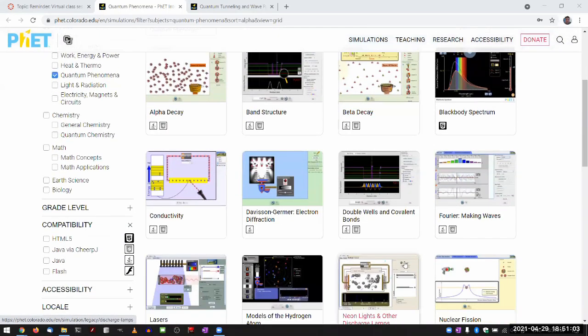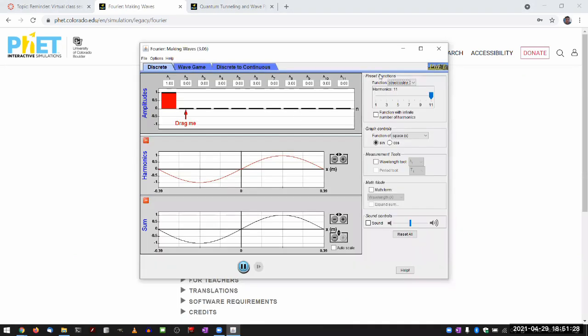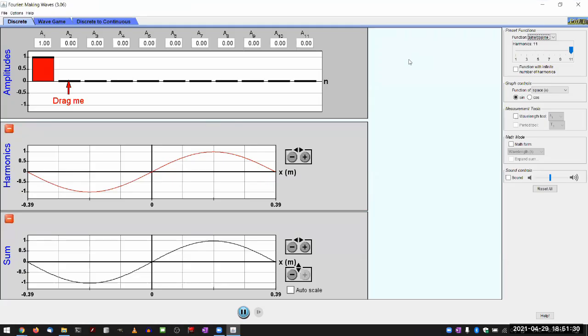And that is best illustrated with this simulation. The connection there is quite a mathematical connection, so that's why I don't want to dwell on it too much. It's a mathematical process called Fourier analysis that gives the explanation of this.